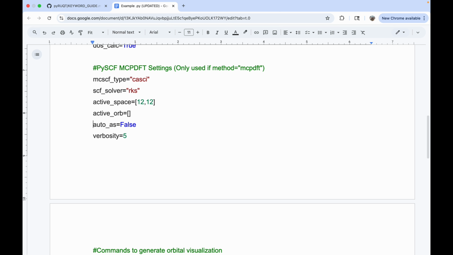The smaller that the number is, or the larger the exponent is in the times 10 to the whatever value, the more accurate your calculation is going to be, because you are decreasing that convergence tolerance. So it's going to be harder for the calculation to converge, but you're going to get a more accurate answer. So for this number, I would say you should probably try to stay somewhere between -5 and -7.